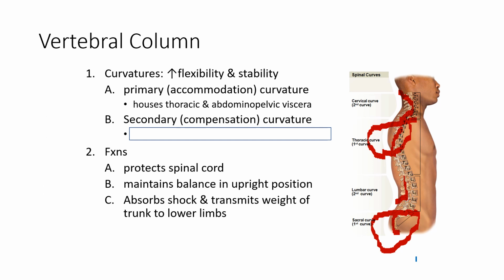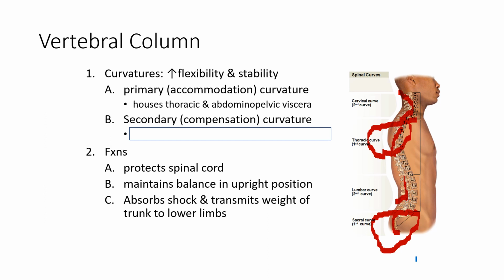The next curvature is known as secondary curvature, or compensation curvature. It gradually appears after birth to allow the trunk to shift the weight over the legs for walking and running.